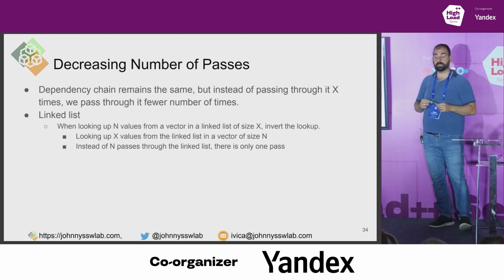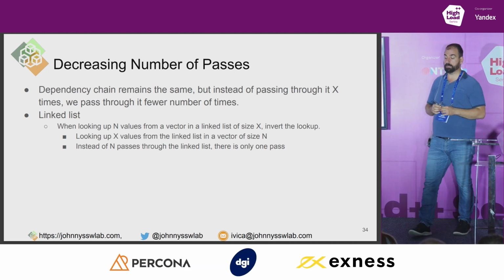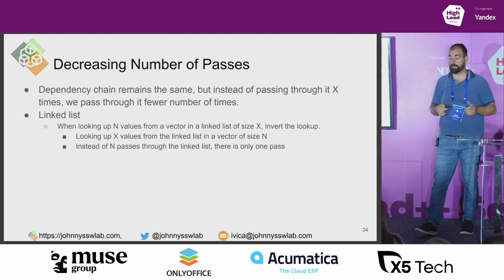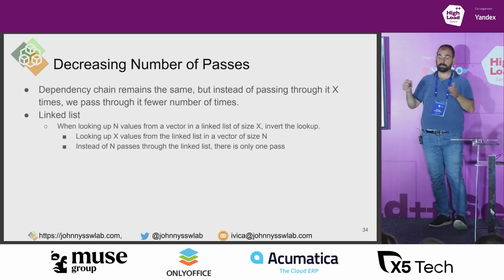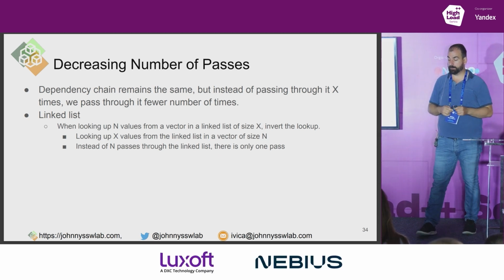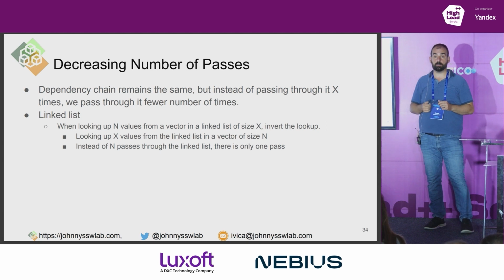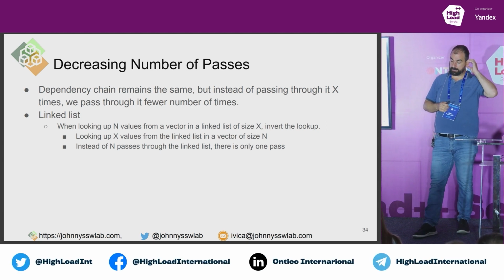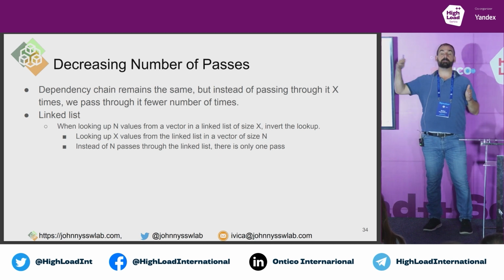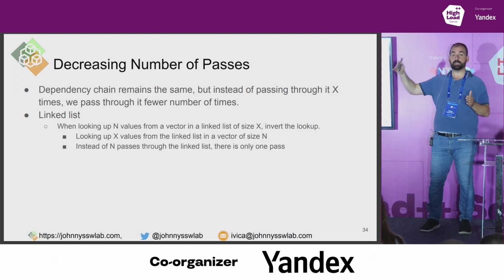The next thing you can do is decrease the number of passes. The dependency chains remain as they are, but instead of passing through them X times, you pass through them fewer times. So how would that work? Let's say you have n values in a vector that you're looking up in a linked list.